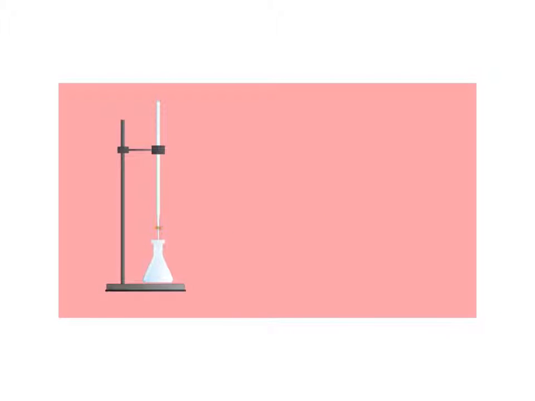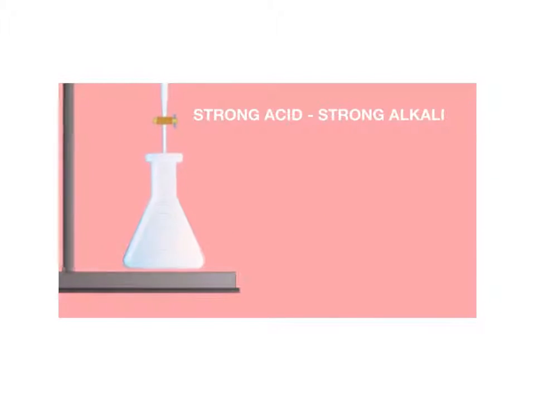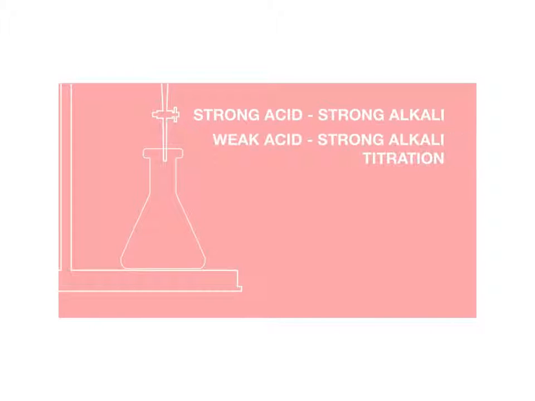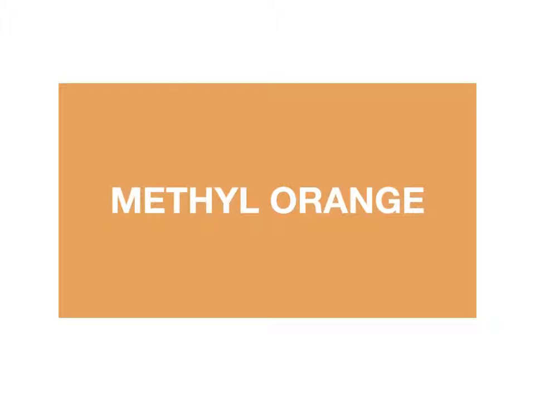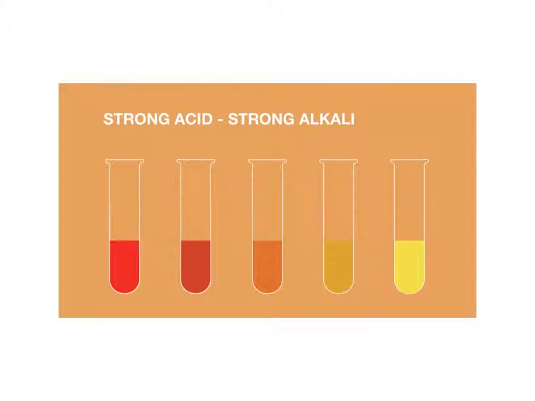Phenolphthalein is an indicator commonly used to determine the endpoint of a strong acid, strong alkali, or weak acid, strong alkali titration. It goes from colorless to fuchsia pink at a pH of 8.2. Methyl orange is used to determine the endpoint of either a strong acid, strong alkali, or strong acid, weak alkali titration.